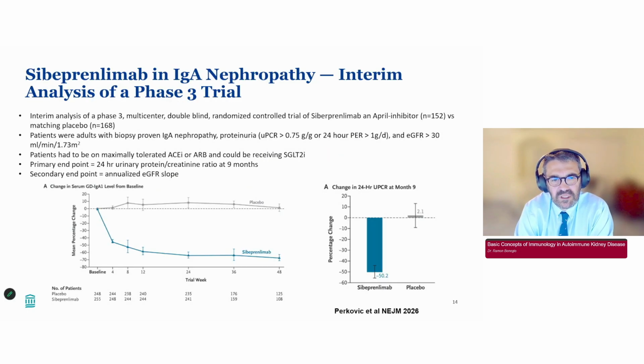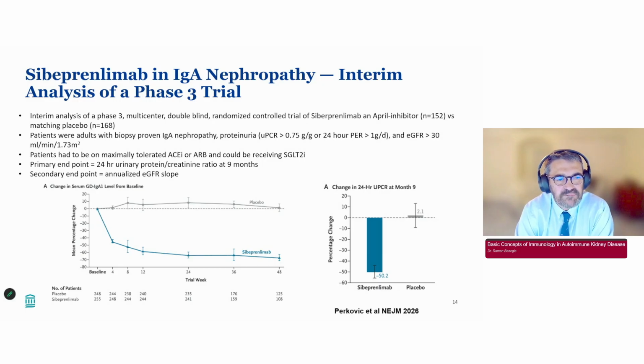Next slide. So based on these data, and there's an extensive literature on the role of APRIL in patients with IgA, there are now several strategies where this can be targeted. Here's one study of sibeprenlimab in IgA nephropathy, a phase 3 randomized controlled study, double-blinded and multi-centered, comparing this APRIL inhibitor versus a matching placebo.